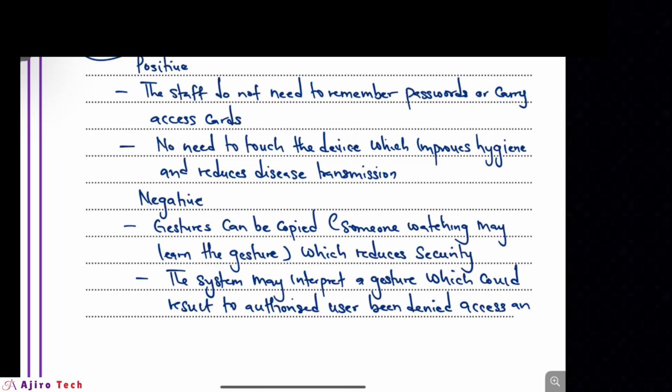And unauthorized users or staff granted access. Okay, so which is a problem.